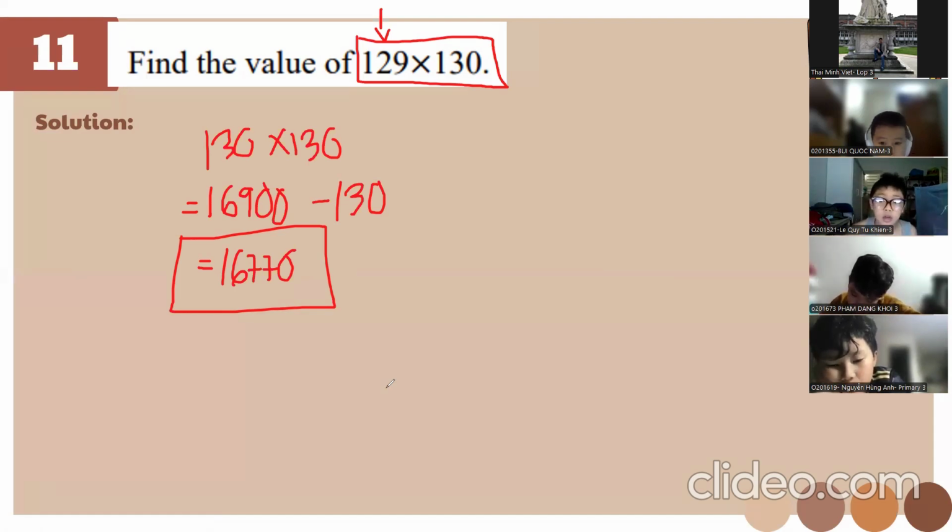The question is 12. Please chat, class. There is the chat box. Stop talking. Oh my God.